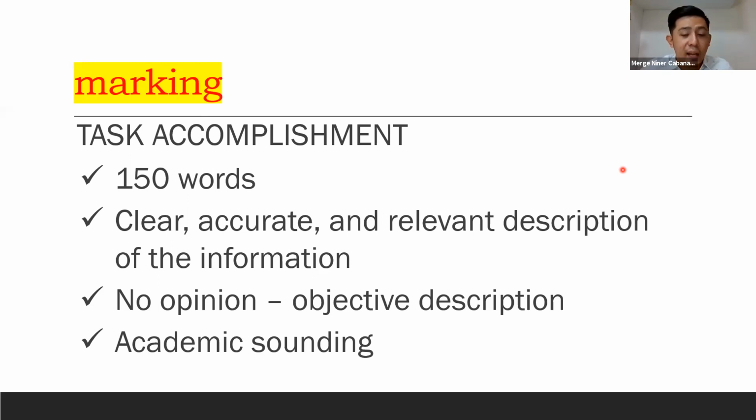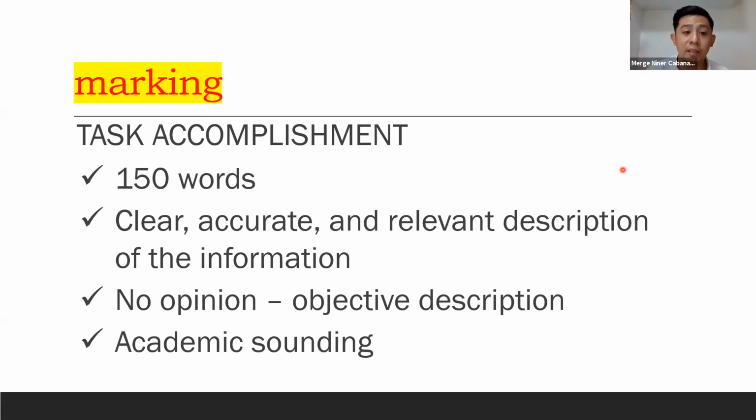They use certain measuring standards as to why I should give this score to Kevin and not that score, because Kevin has numerically achieved this standard, which is enough for me to give him a 7, a 7.5, or even 8.